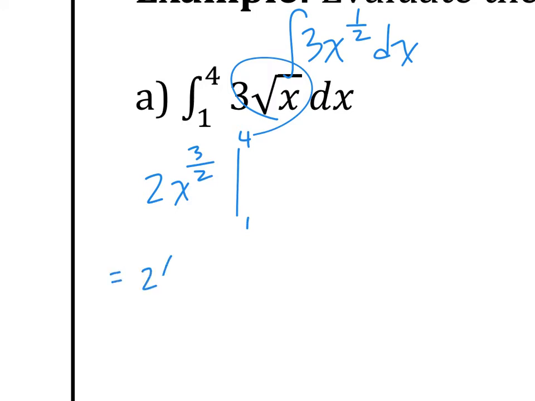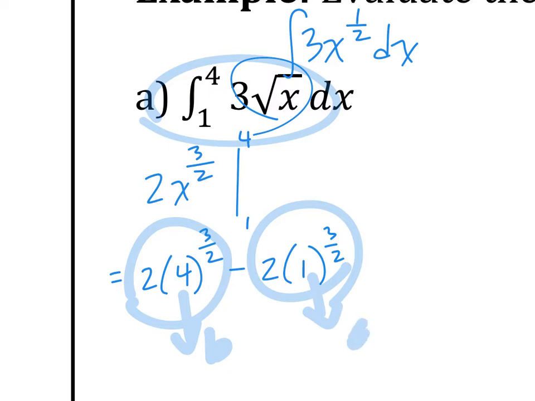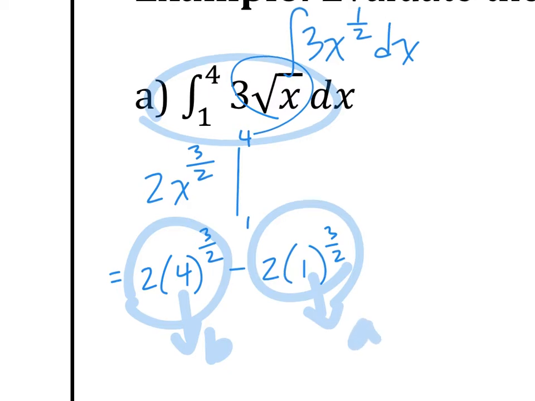So 2 times 4 to the 3/2 minus 2 times 1 to the 3/2. So this is exactly the application of FTC part 1. Okay? FTC part 1 says if you have this thing and you're trying to figure it out, it's the antiderivative evaluated at b minus the antiderivative evaluated at a. So we're going to figure that out.